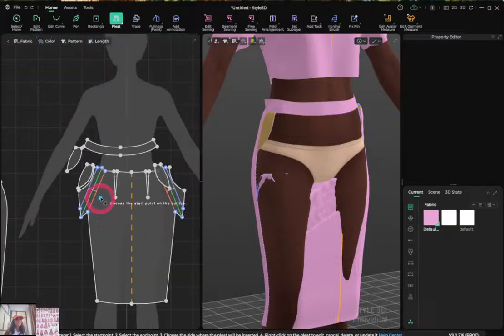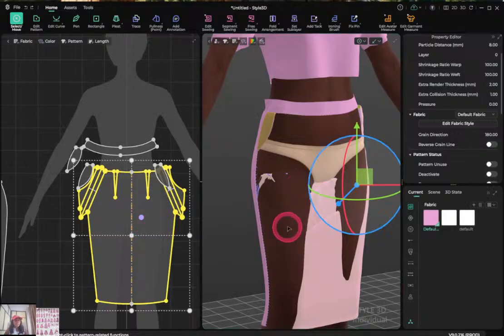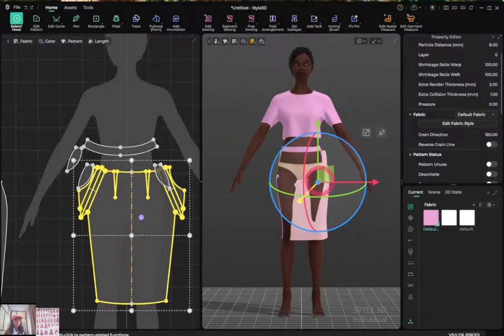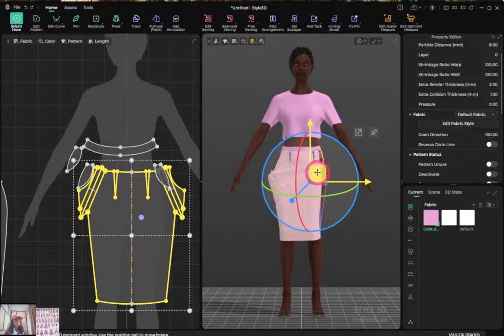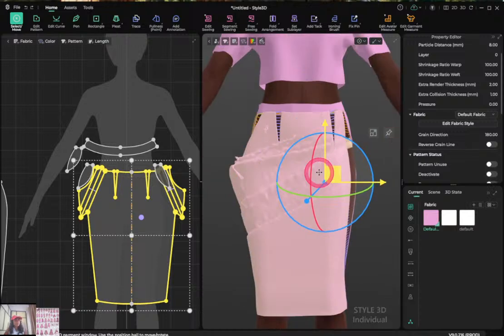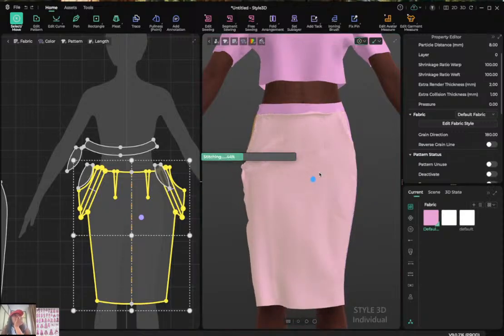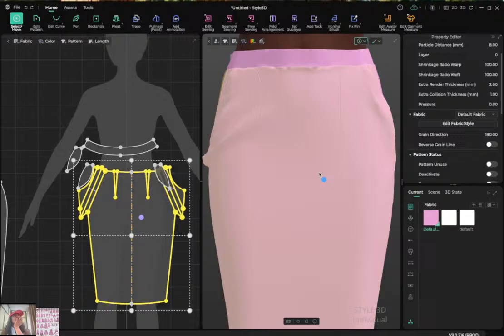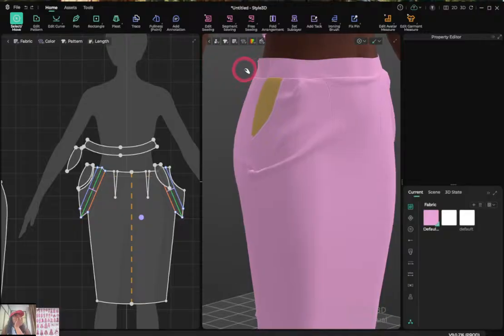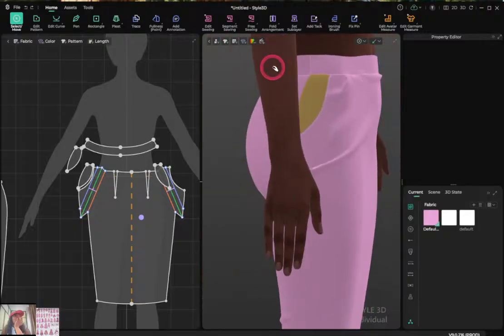This is crazy. Phew. A pegged skirt too. Okay. Uh-oh.